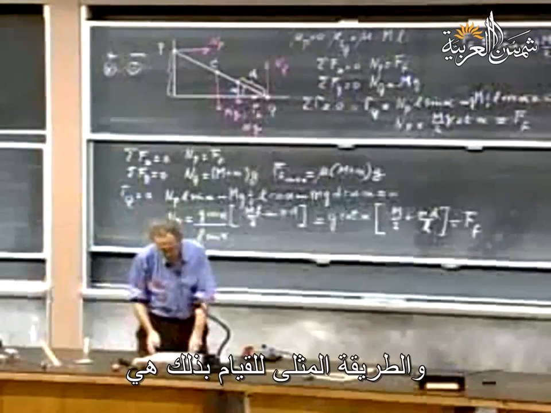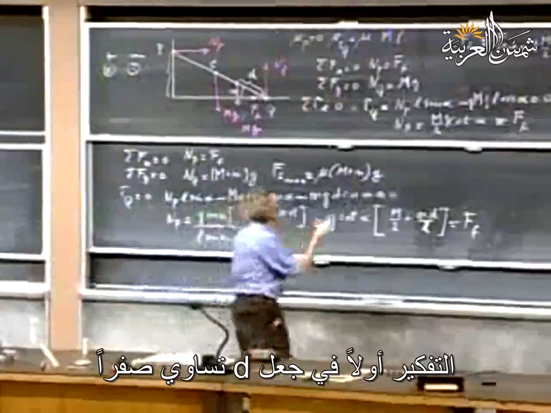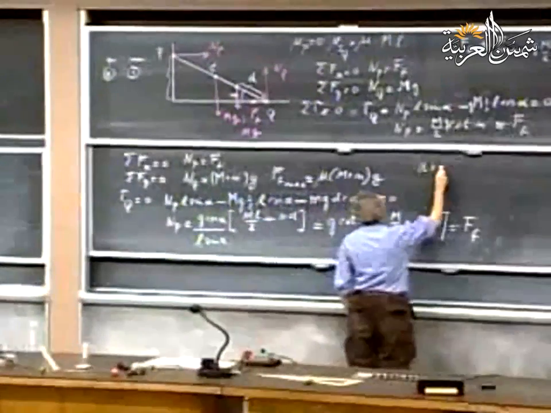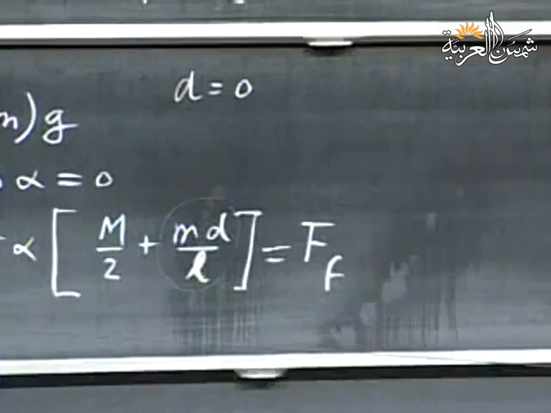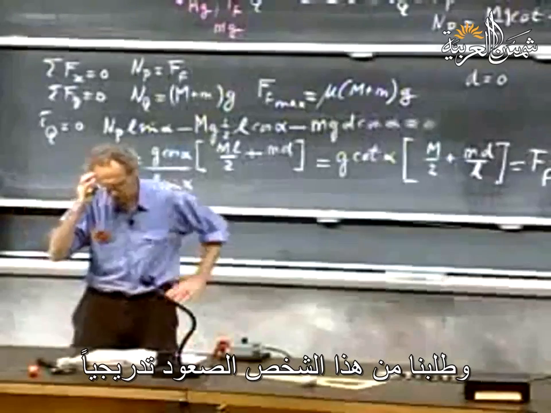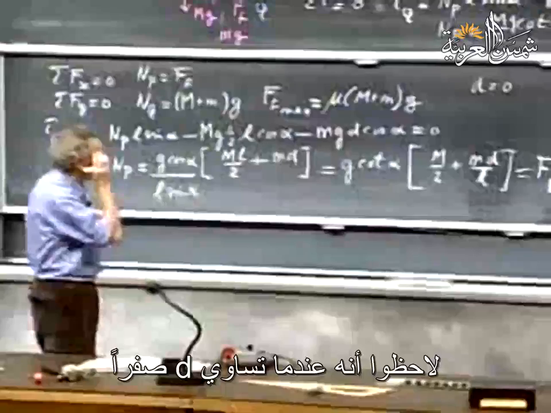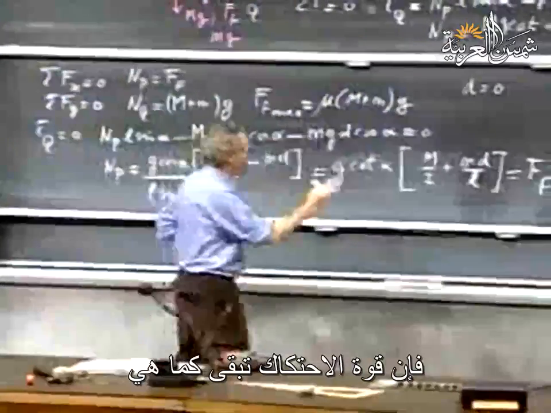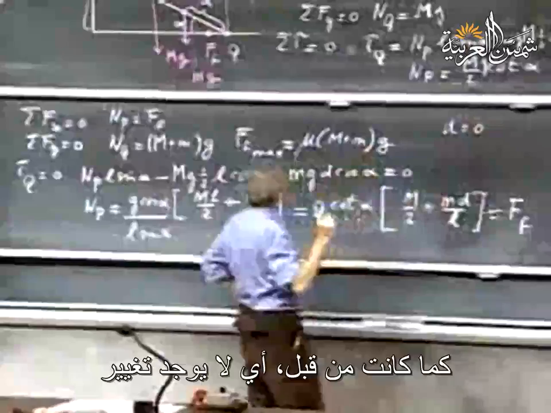And the best way to do it is to think of this first as making d equals 0. So we said the person starts at the bottom of the ladder, and we ask this person to gradually climb up. Now notice, when d equals 0, that the frictional force is exactly the same as it was before. There is no difference.